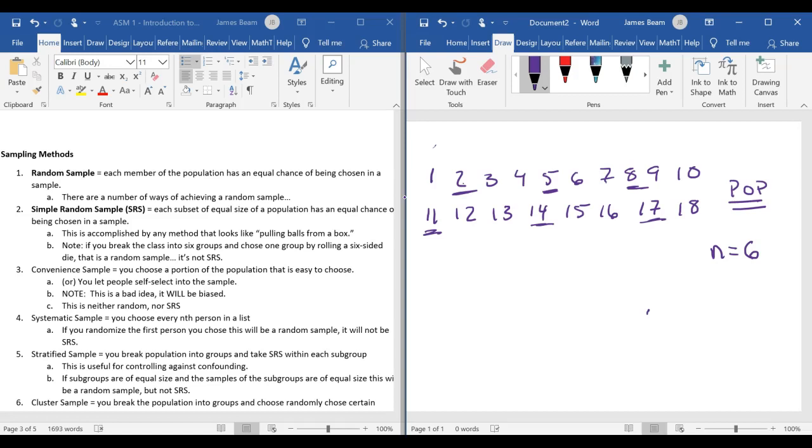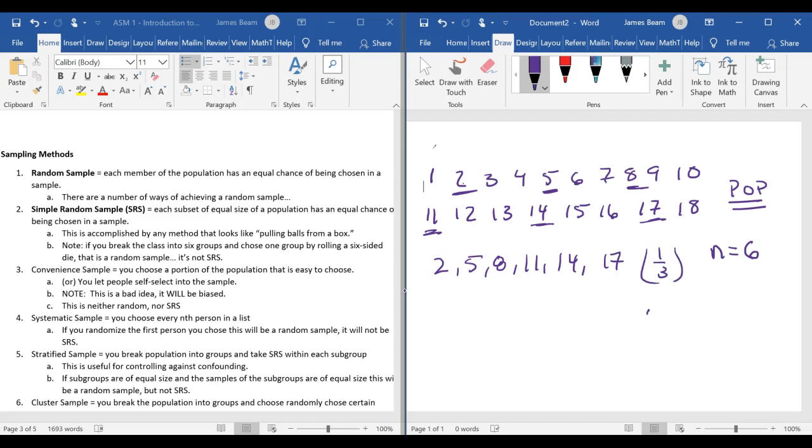Now, the problem here is that not every subset of the same size has an equal probability of being chosen. All right, so I just chose a subset of 6 things: 2, 5, 8, 11, 14, and 17. That had a probability of 1 in 3 of being chosen.